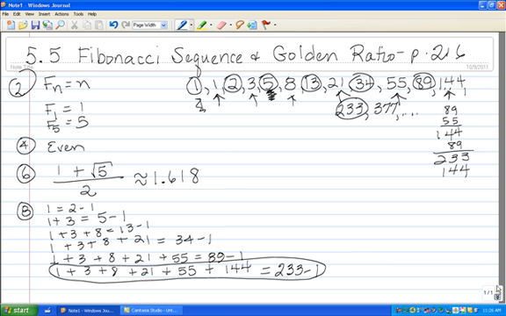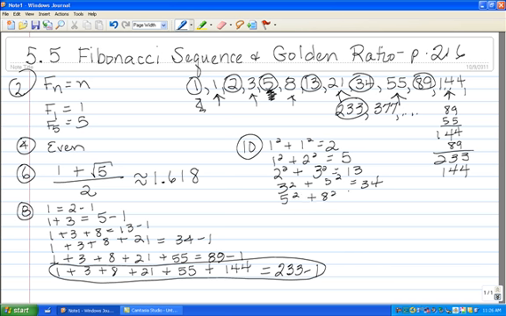Okay, let's see if we can do one more of these. Let's look at number 10. We have 1 squared plus 1 squared is 2. 1 squared plus 2 squared is 5. 2 squared plus 3 squared is 13. 3 squared plus 5 squared is 34. 5 squared plus 8 squared is 89.